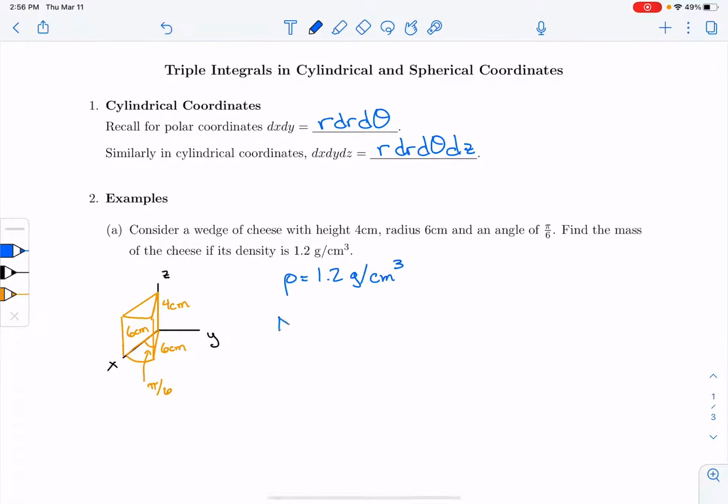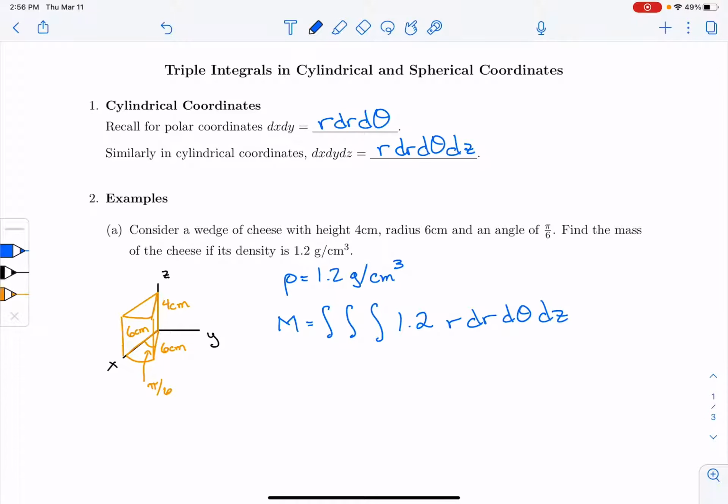So the mass is going to be a triple integral of the density 1.2, and then I'm going to integrate dv. But dv in this case is going to be r dr d theta dz.